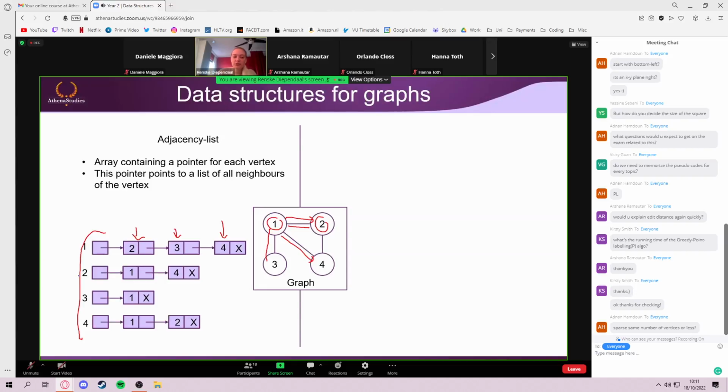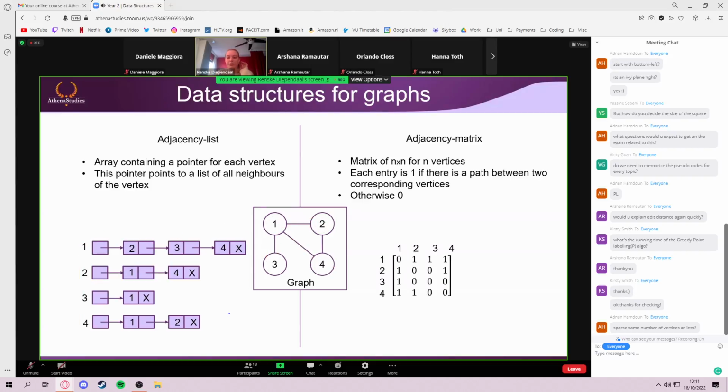Right, and then we start from vertex 2, and we see the neighbors are 1 and 4. So we just put down a 1 and a 4. The order also doesn't really matter. I also could have put down 4 and a 1. 3 is only a neighbor of 1, and 4 is a neighbor of 1 and 2. So we can make a list like this.